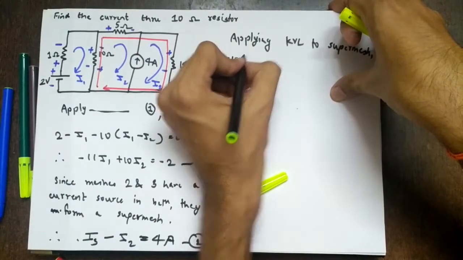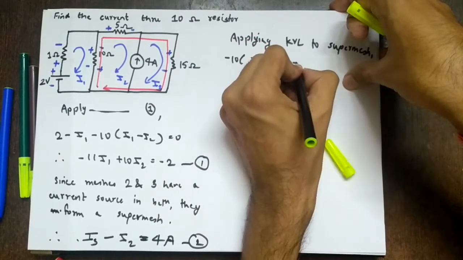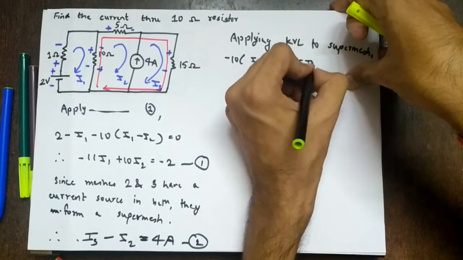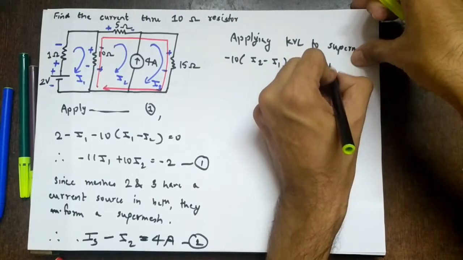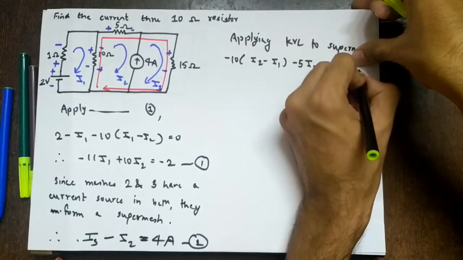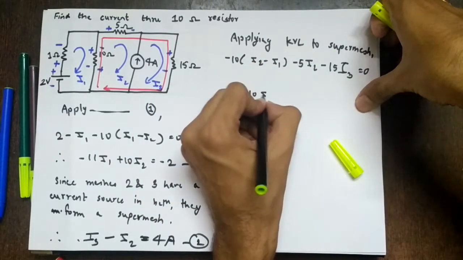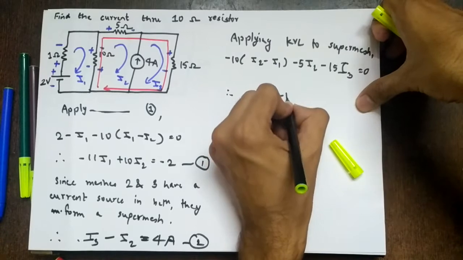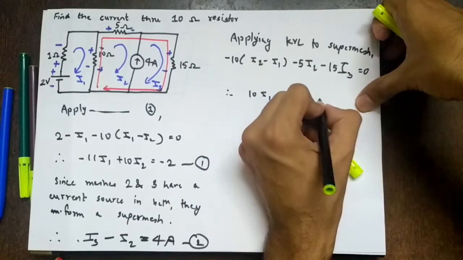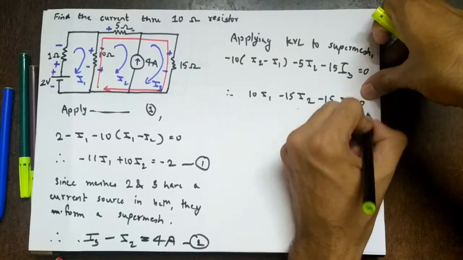Minus 10 times (I2 minus I1) minus 5 I2 minus 15 times I3 equal to 0. So just solve this. Therefore 10 I1 minus 15 I2 minus 15 I3 equal to 0. This is our third equation.